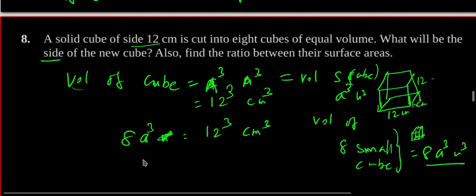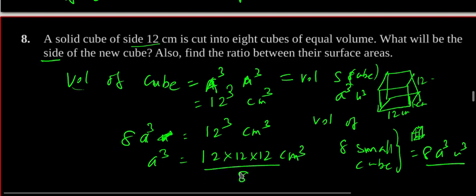So a cube equals 12 into 12 into 12 centimeter cube, and the 8 comes to the denominator.